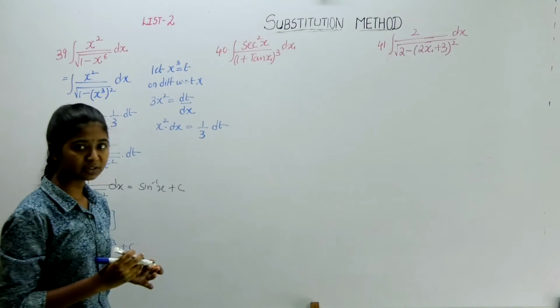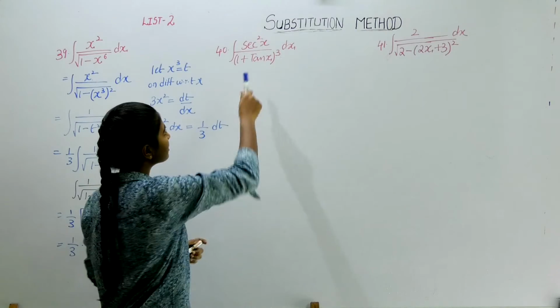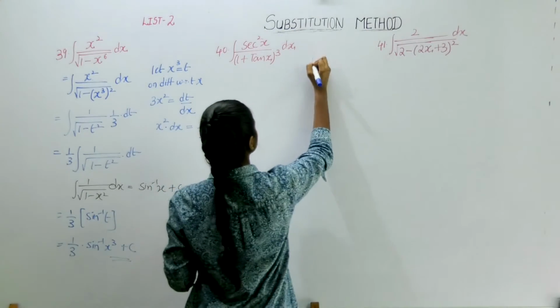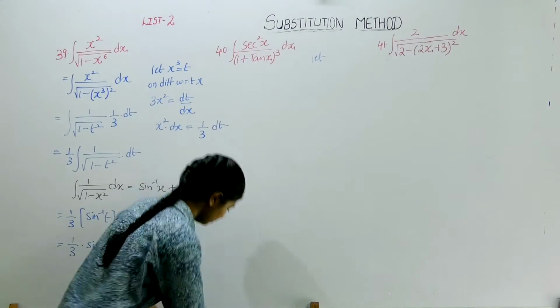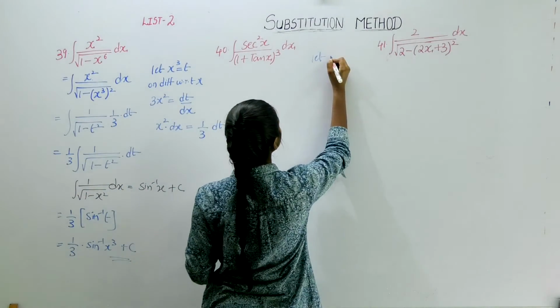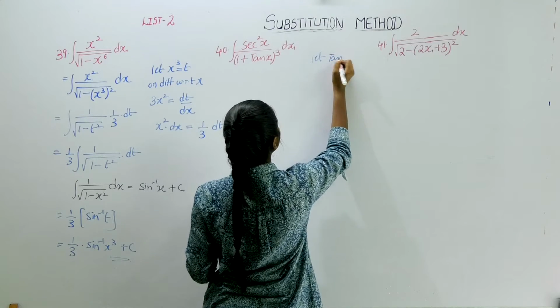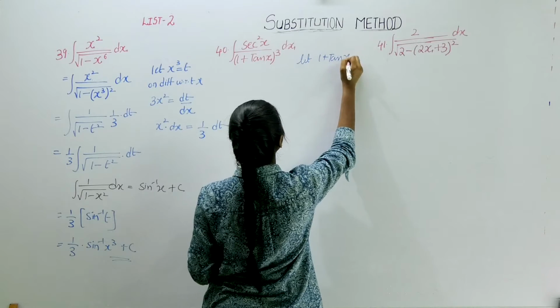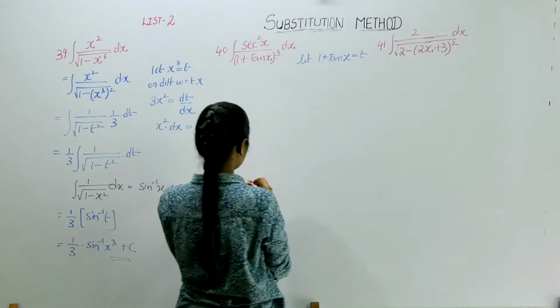We know in the differentiation formulas, d by dx of tan x is secant square x. So, let us assume 1 plus tan x is equal to t.